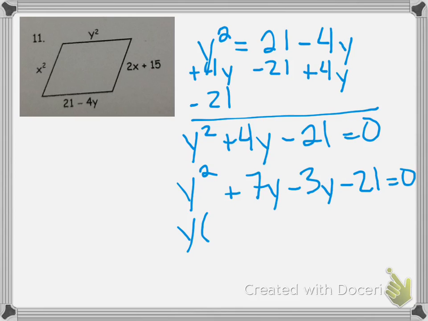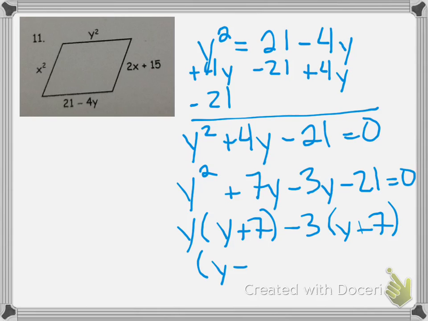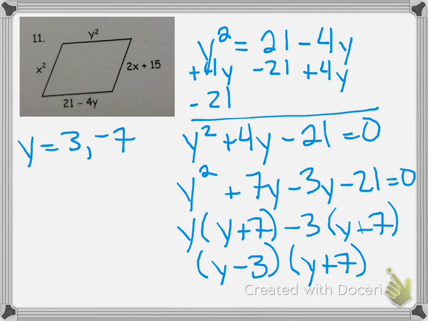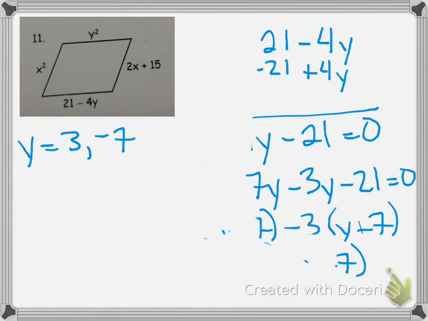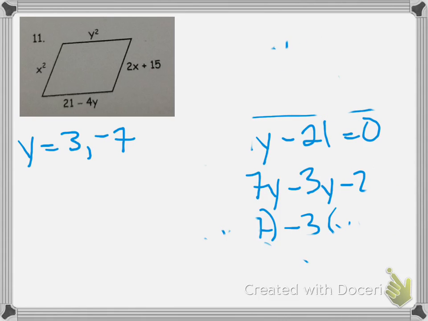Factor out my y plus 7, and my negative 3, y plus 7. Okay, so that becomes y minus 3 times y plus 7. If I solve for y in each of those, I get y is equal to 3 and negative 7. Okay, let's go ahead and do the x.